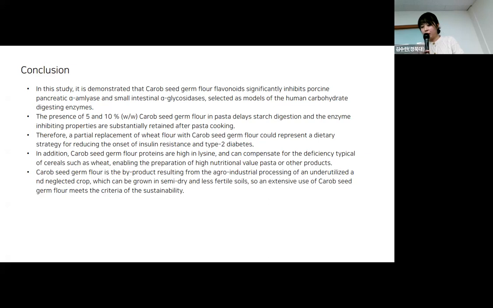And in addition, carob flour proteins are high in lysine, so they can compensate for the deficiency of typical cereals such as wheat, enabling the preparation of pasta or other products of high nutritional value. And carob flour is a byproduct resulting from the agro-industrial processing of underutilized and neglected crops, which can be grown in semi-dry and less fertile soils. So extensive use of carob flour meets the criteria of sustainability.